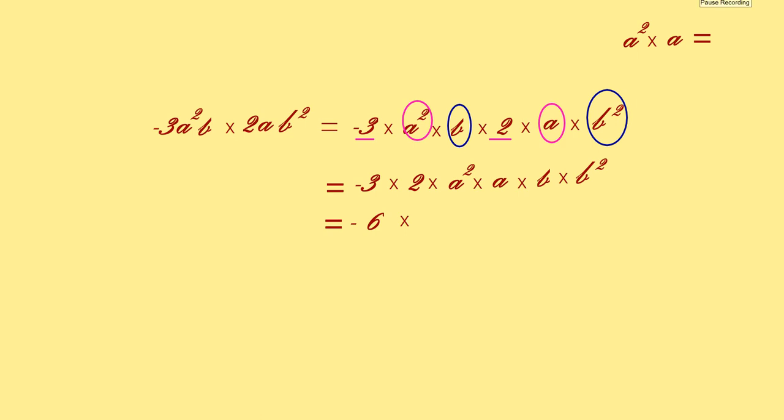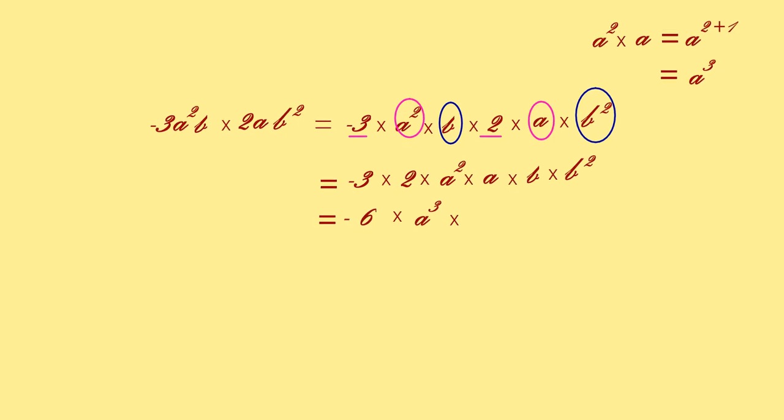You just add the exponents, so a raised to 2 plus the exponent here, which is 1. So a raised to 2 plus 1, which is equal to a raised to 3. Similarly, can you say what is b into b square? B, the coefficient is 1. So b raised to 1 plus 2, which is equal to b raised to 3.